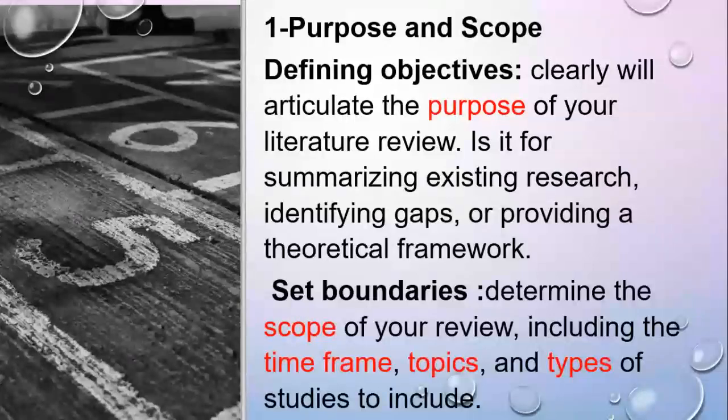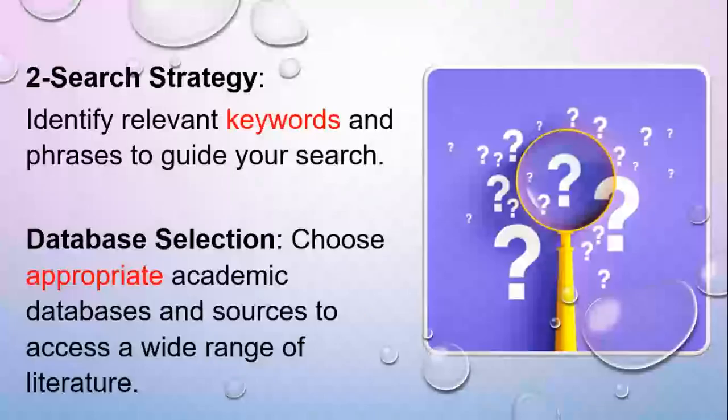In the upcoming slides, we will see how we can make our review very specific and guided by the research questions. And here also you have to consider your research strategy.